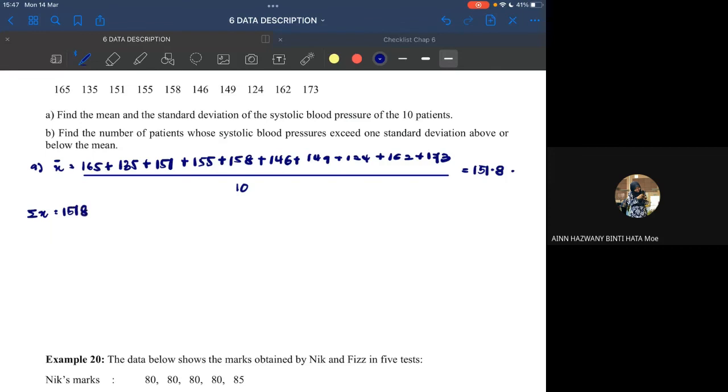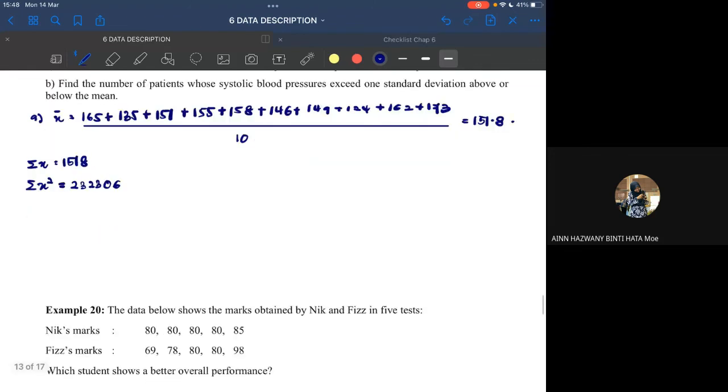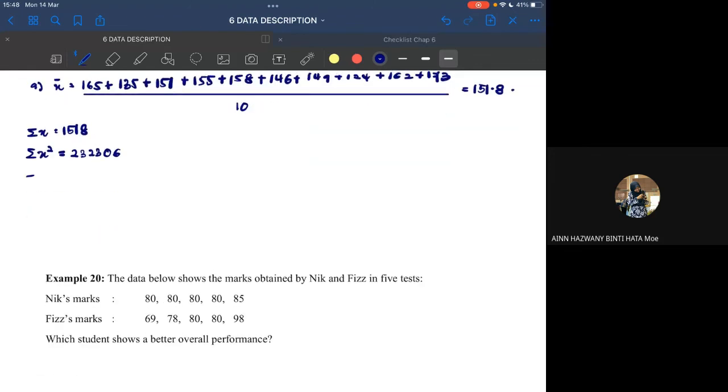Sorry, bukan standard deviation, summation of X square kamu, which is gonna be big. 232306. Okay.